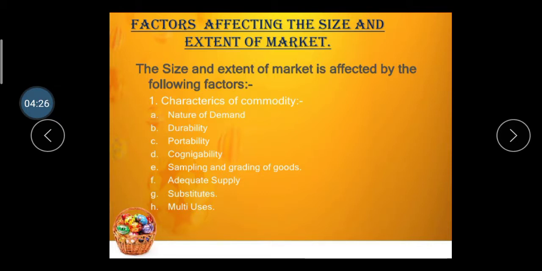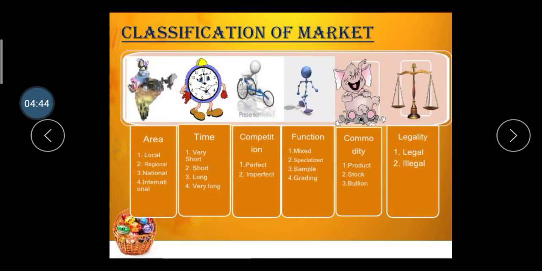Then, sampling and grading of goods, where grades and samples are given to the goods. Then, adequate supply availability. Then, substitutes and the multiple uses of one product. All of these are considered in the size and extent of the market.